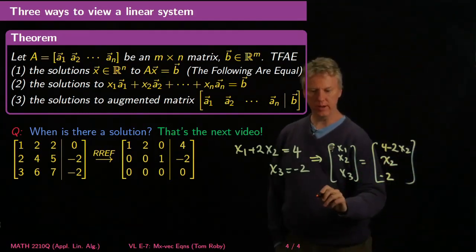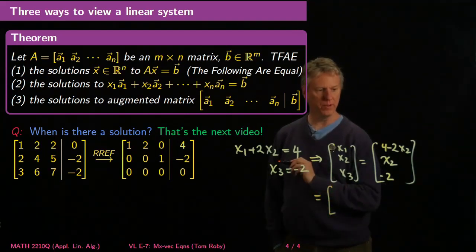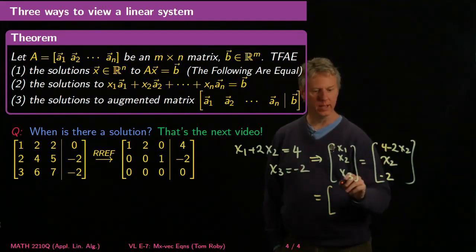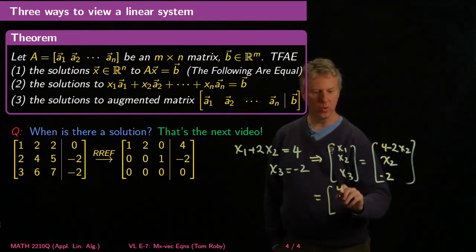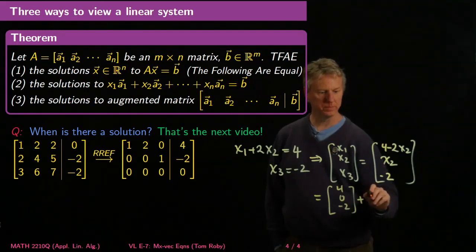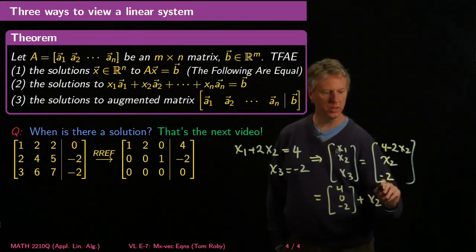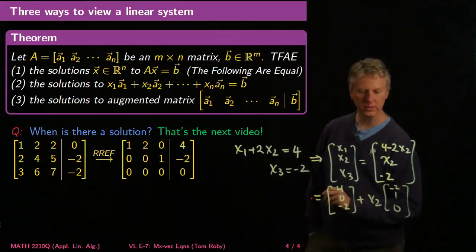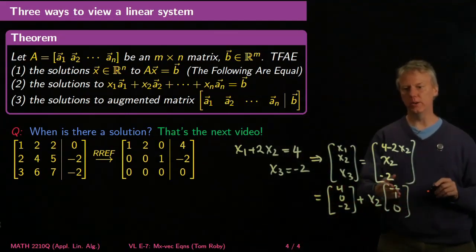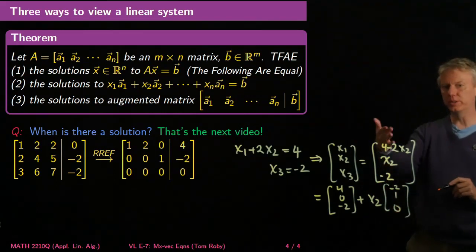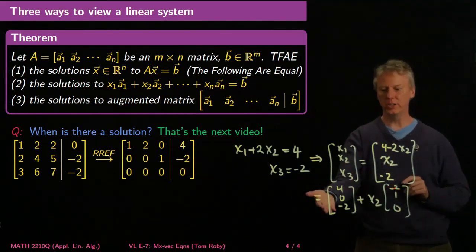And it's often convenient to write this a little bit more in the following form: this is (4, 0, minus 2) plus x2 times (negative 2, 1, 0). So did that make sense? What did I do? I'm just using the ordinary rules of vector component-wise addition.